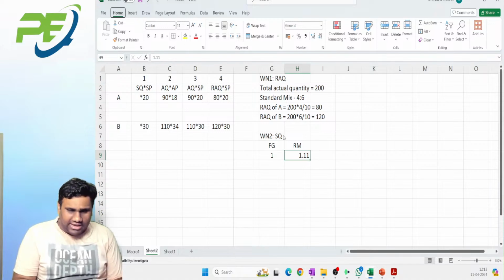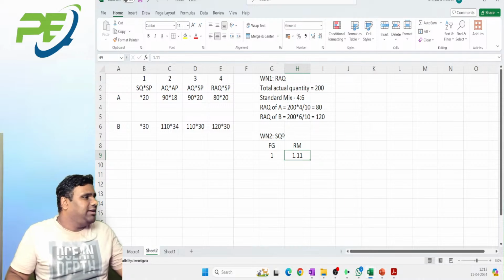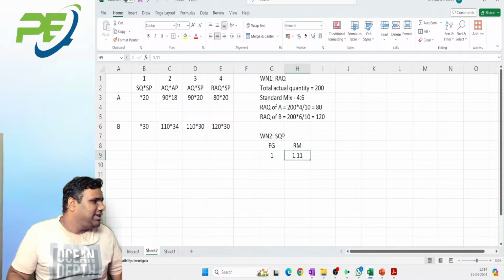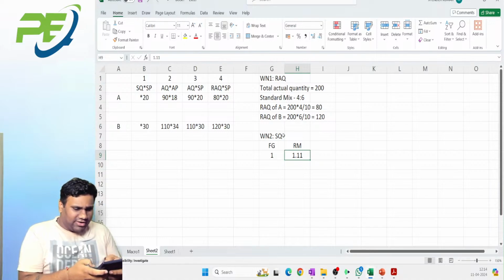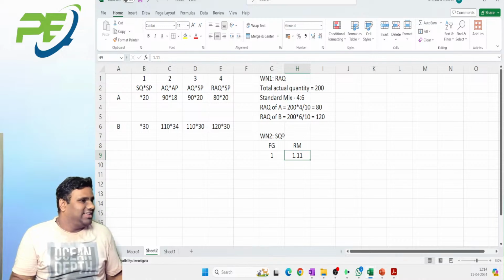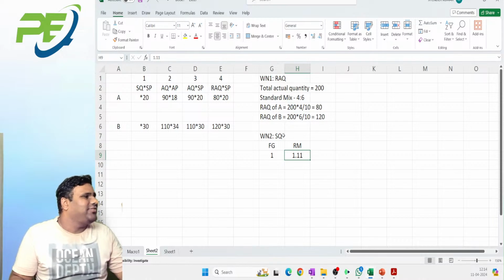What is this? Very simple. We know 10% is normal loss. So if you put 1.11 kg in the calculator and subtract 10%, we get 1 kg of finished goods.